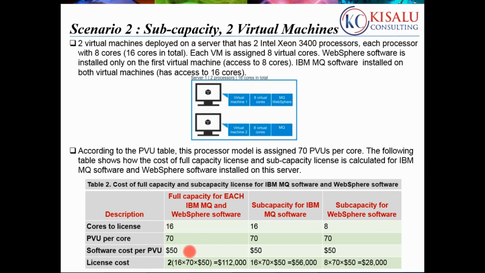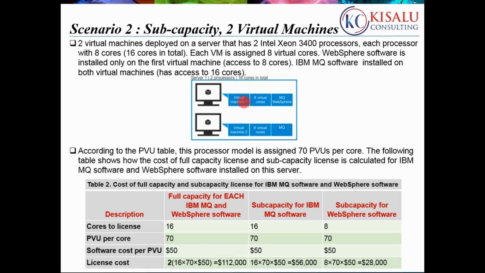So each software will pay 16 cores times 70 PVU per core times the $50 per PVU. And we multiply by 2 because we have two software, MQ and WebSphere. That will cost us $112,000 on a full capacity machine.